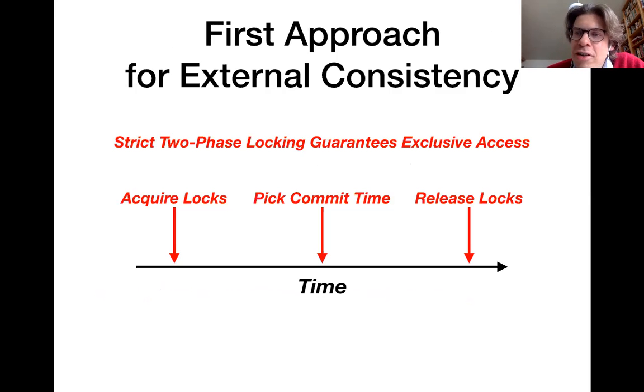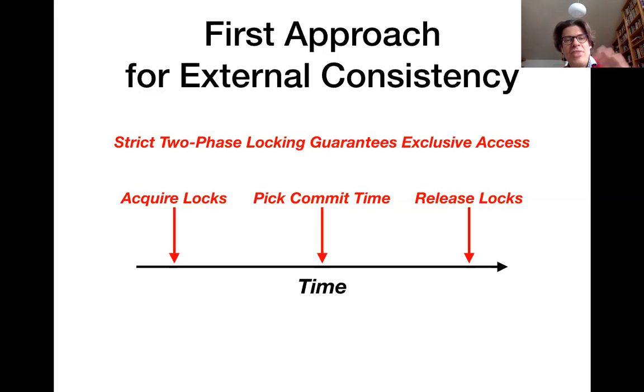Now, one first approach that comes to mind in order to guarantee external consistency is the one that we see here. We could use something like two-phase locking, and we could acquire the locks at the beginning of transaction execution. Then we pick some commit time, which happens while we are holding those locks, and in the end, we release the locks for the transaction.